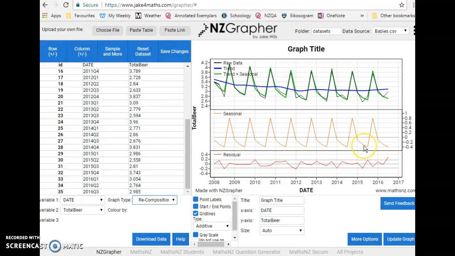This point here, it's hard to see, is -0.3. This is -0.4, and the last one's +0.8. And it repeats. 1, 3, 4, 8. So that's that graph in the middle. It's just the seasonal component, or the average seasonal component, duplicated, in this case, 9 times.